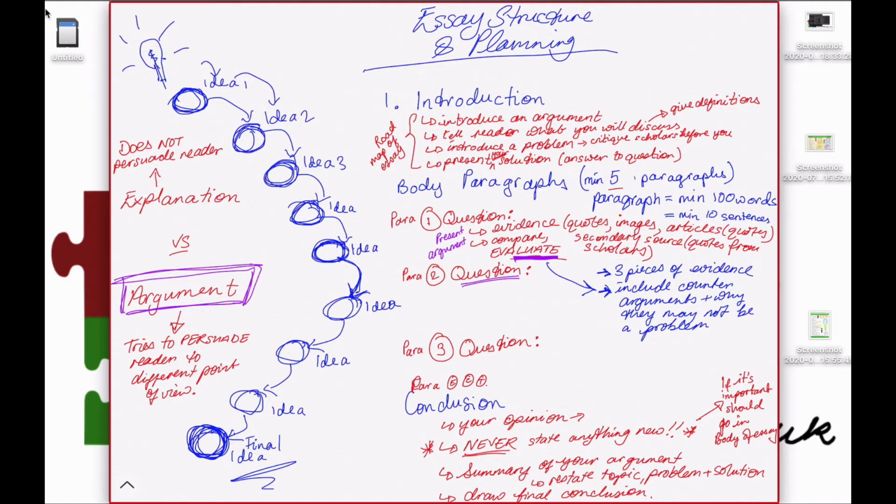Now, one of the ways also, you remember when we were analysing the essay question last time, we did a lot of definitions of words. So, why do you think we need to do definitions of words? Why might that be helpful? Exactly.